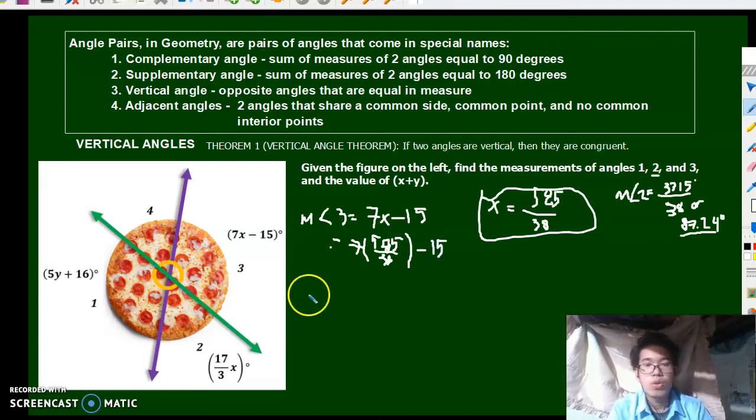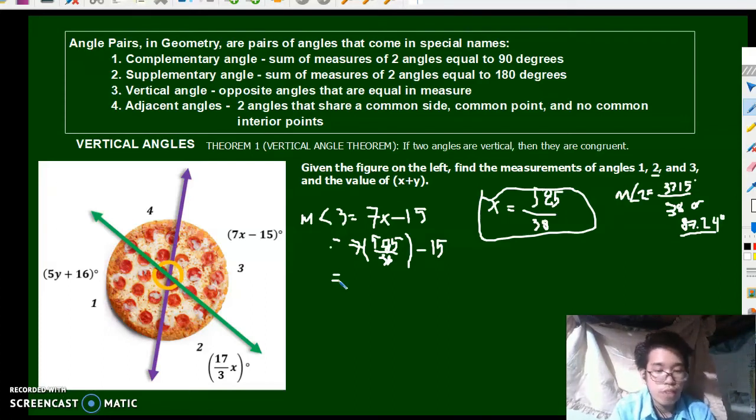When we get that using our calculator, 7 times 585 over 38 is 4,095 over 38, then minus 15. So the answer is 3,525 all over 38.